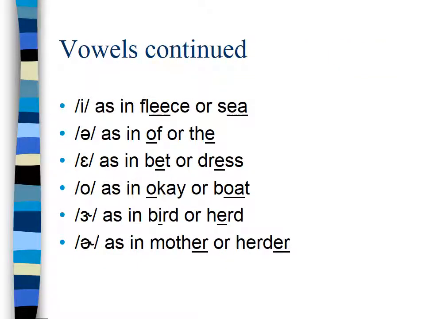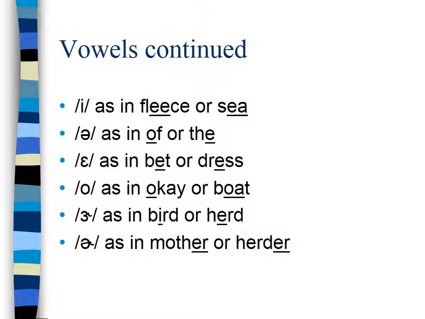More with vowels, we have E as in fleece, as in of, E as in bet, O as in okay, as in bird, and as in mother. The one that looks like a 3 with a tail on it is the stressed vowel, and that's where we put the emphasis, on bird, heard.